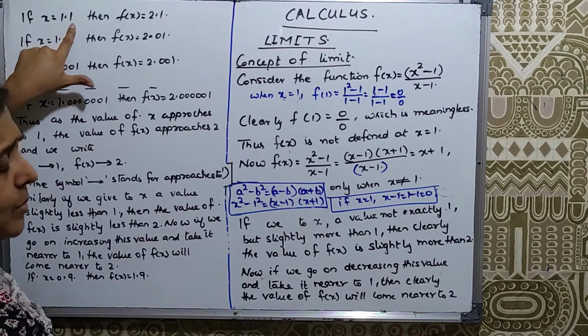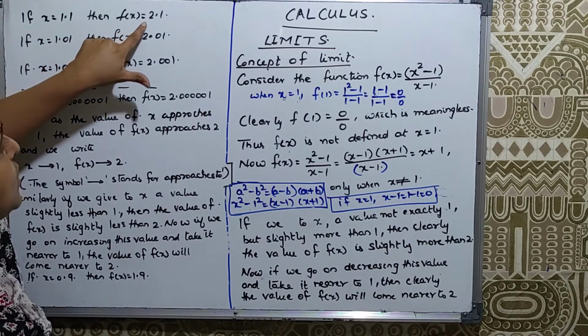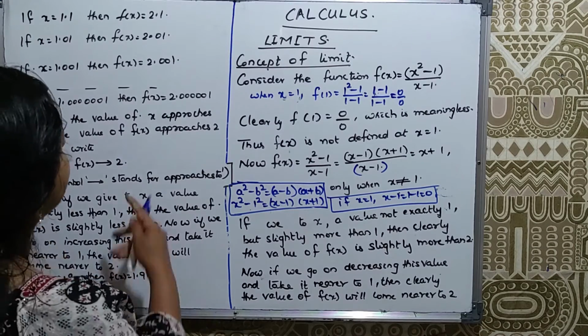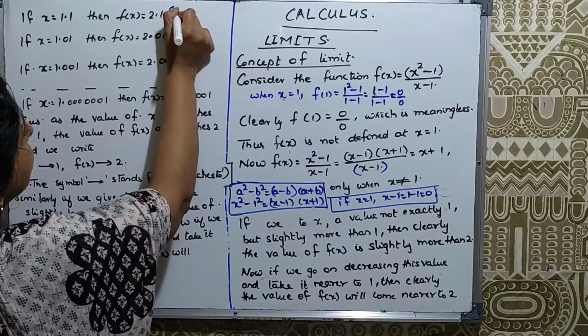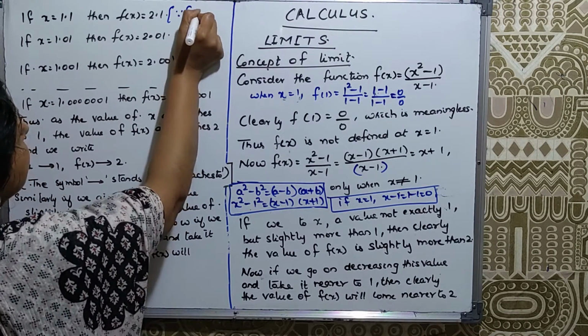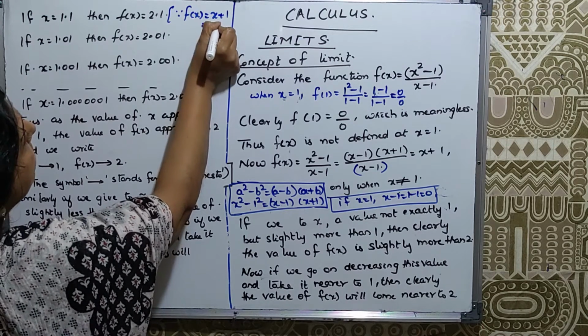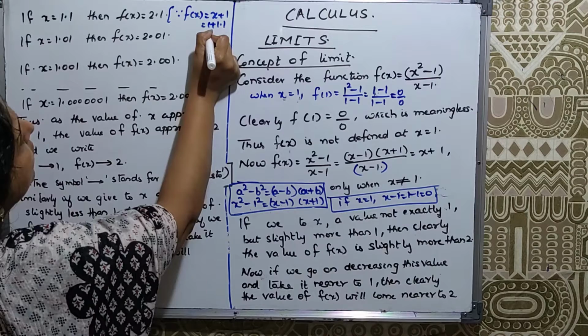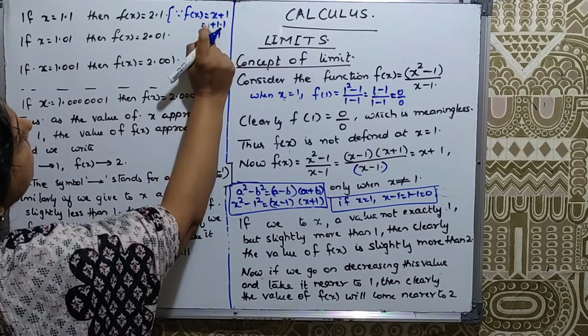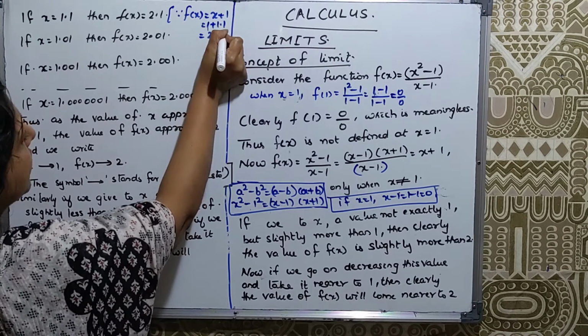So we substitute a value of x slightly more than 1. We took one example, 1.1. So f of x will be 2.1. How did we get that? Because f of x equals x plus 1, which is 1 plus 1.1, equal to 2.1.